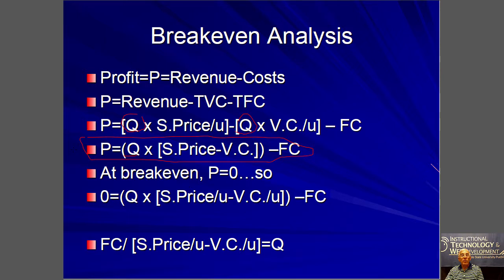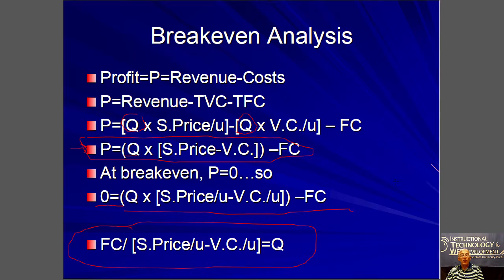So let's take the formula I circled and set P equal to 0 and solve for quantity. We're solving for the break-even volume, break-even quantity. Well, this is, again, algebra. If you solve this formula for quantity, you end up with what's called the break-even formula that you probably have seen before.